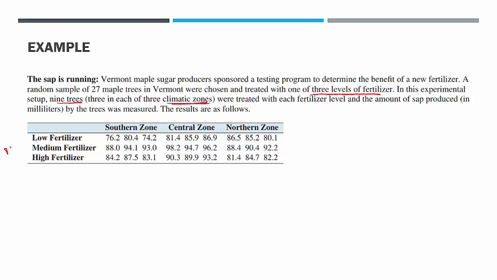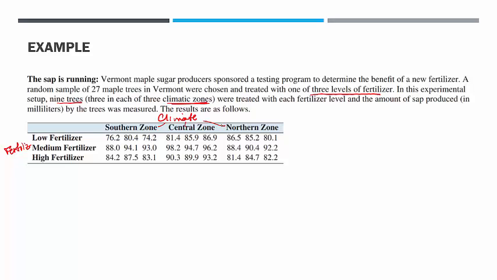And so the type of fertilizer here is the row variable. You see that it has 3 different levels. And then the climate zone also has 3 different levels, southern, central, and northern.